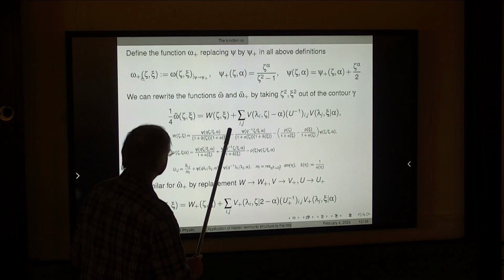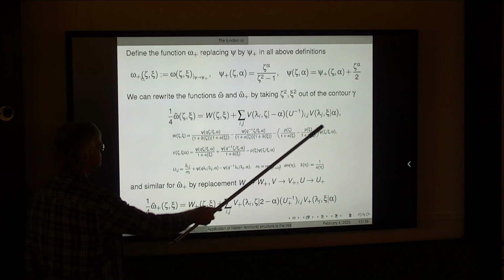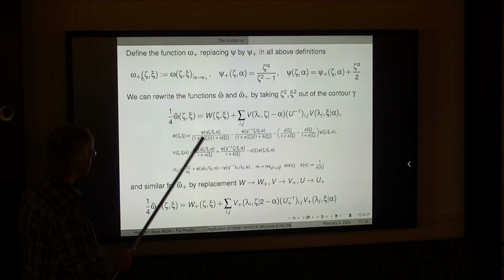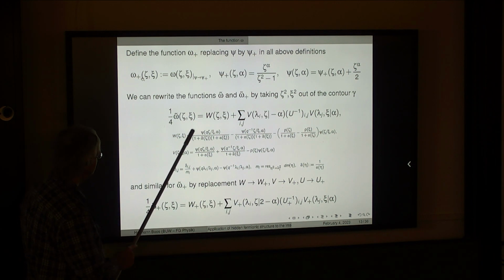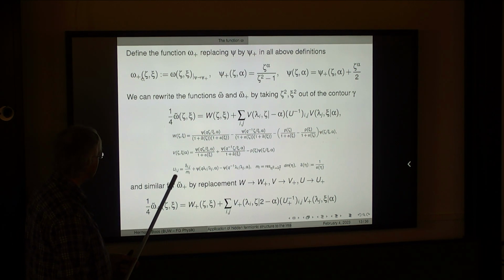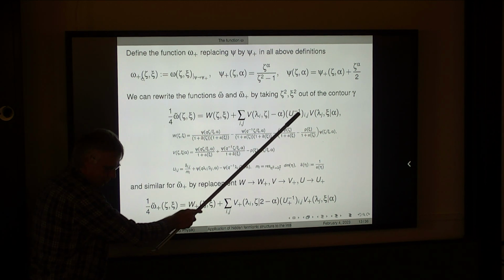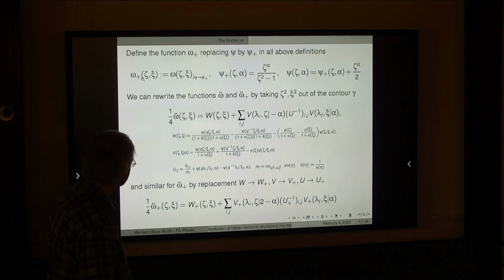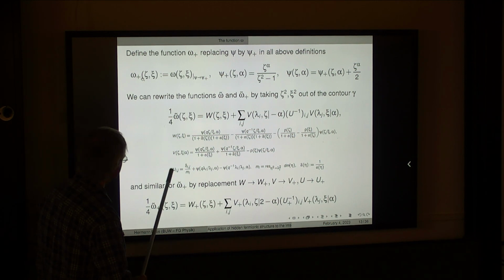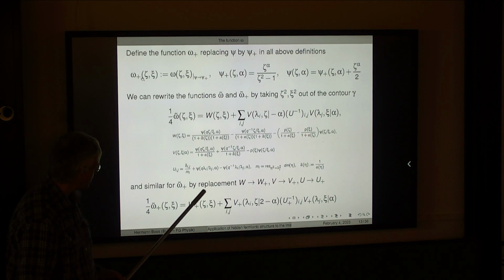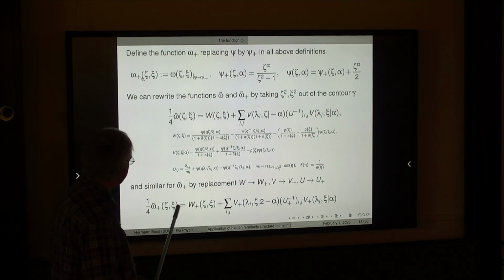And if we do it, we come to the following formula for omega tilde, where W is some explicit function, V is also explicit function, and this inverse U, U is some matrix, which is very typical in all this business.